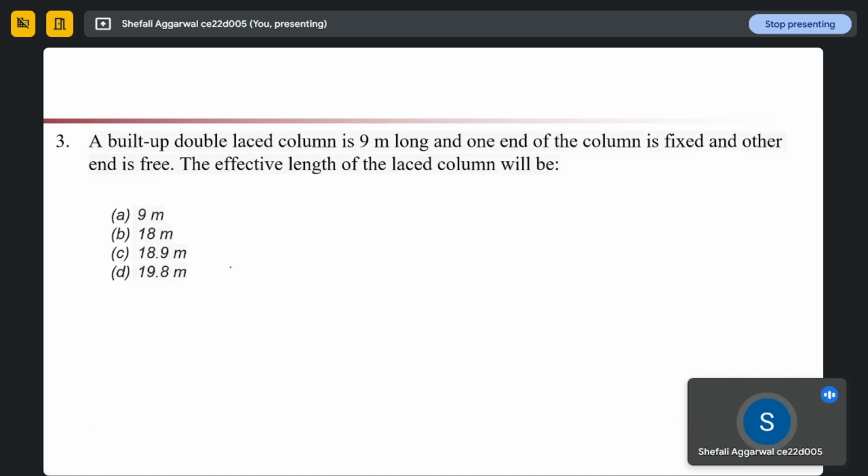Next question is: a built-up double laced column is 9 meter long and one end of the column is fixed and the other end is free. The effective length of the laced column will be, as given in IS 800 in the appendix. We have given that in case of different types of ends, how we can calculate the effective length.